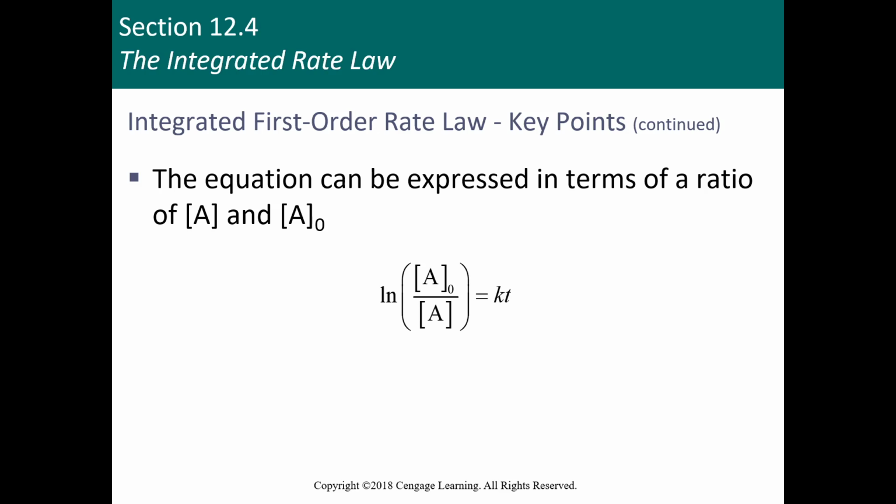All right, so the equation can also be expressed in terms of the ratio of A versus A0. What we've done is subtract over the natural log of A. We actually subtracted over KT and subtracted over the natural log of A so that we could flip them and get everything positive.